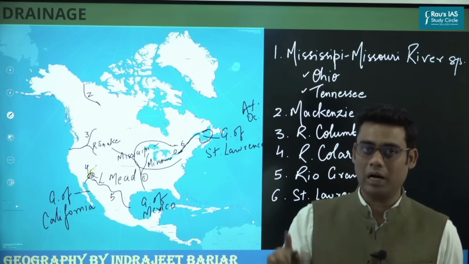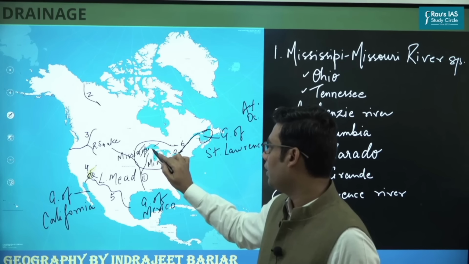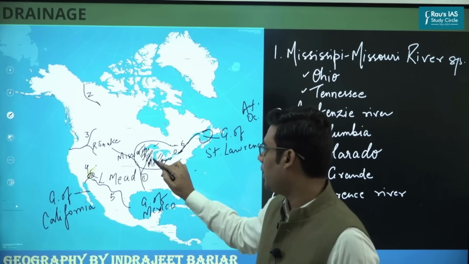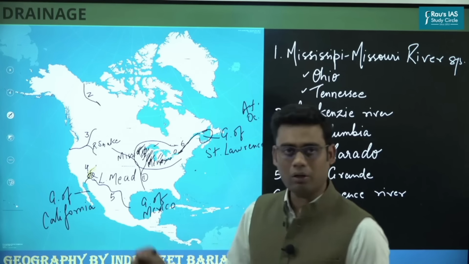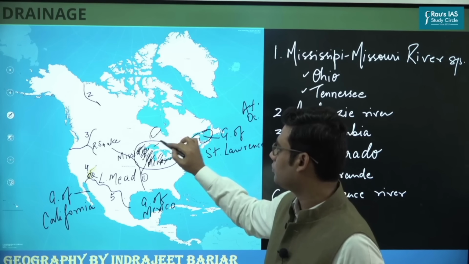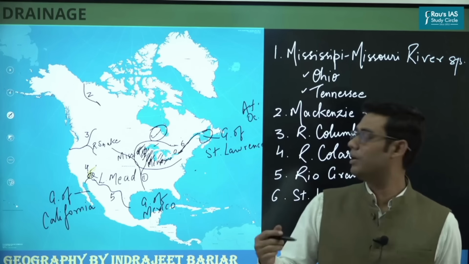And now that's interestingly the factor which has resulted in a lot of industrial development in and around the Great Lake region. Because if you think of the Great Lake region, on this side you have the Canadian Shield, which is rich in minerals.